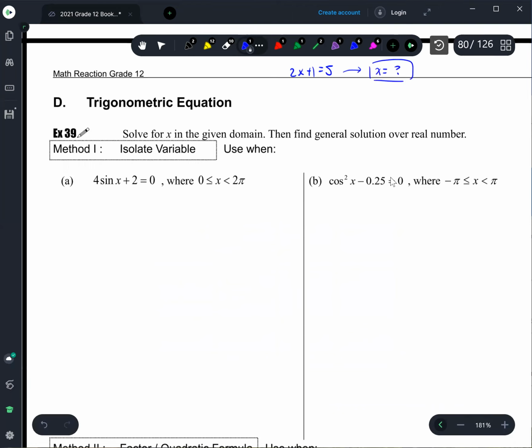So this is called an equation: solve for the unknown. If we have a trigonometric equation, that means you have sine, cosine, tangent, secant, cosecant, cotangent. The thing that is missing is the angle. So when you're solving a trig equation, you're finding the angle.